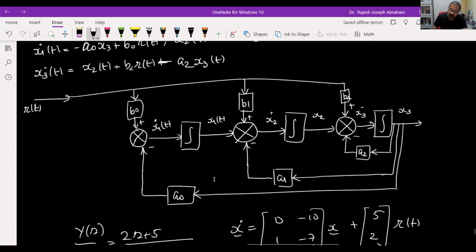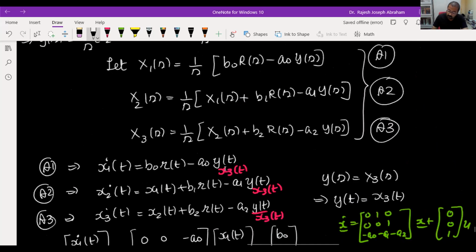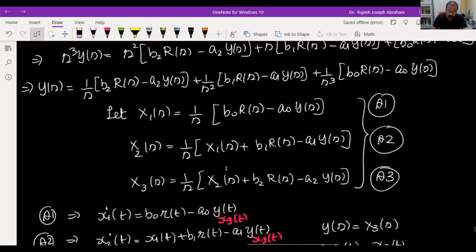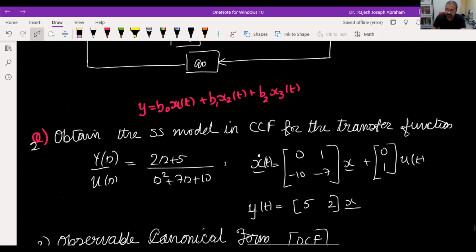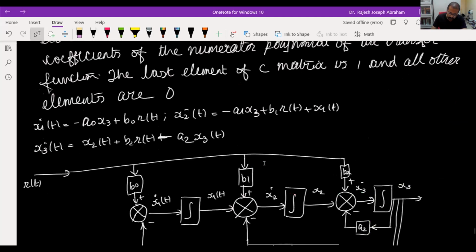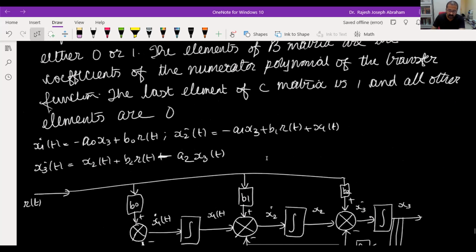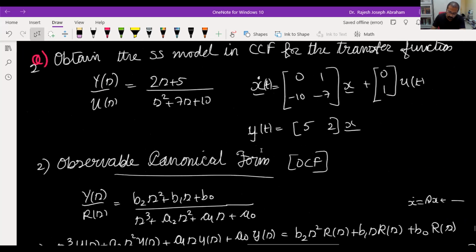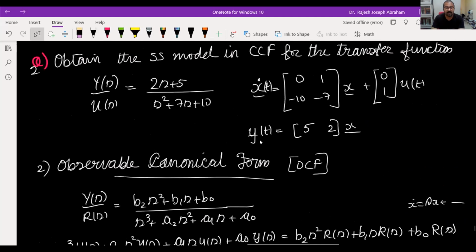Our A matrix in the observable canonical form will be A transpose of the controllable canonical form, [0, 1; -10, -7]. So if you take the transpose, you will get [0, -10; 1, -7]. Right? Then the column matrix B in controllable canonical form becomes the C matrix, 0, 1.